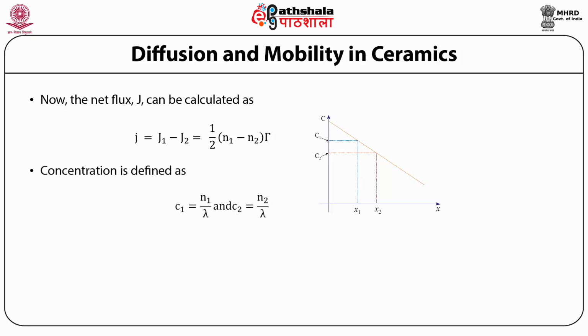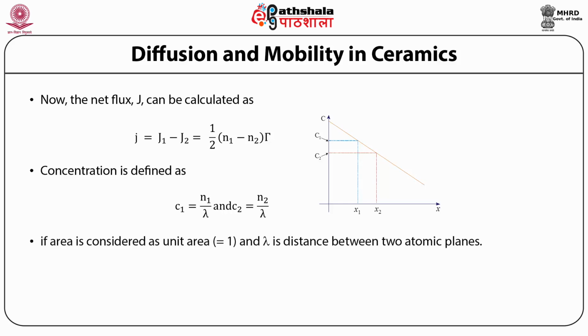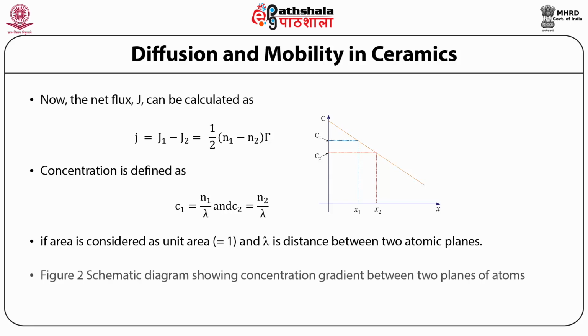So the concentration is defined as C1 is equal to N1 by A and C2 is equal to N2 by A. If the area is considered as unit area, that is 1, and lambda is the distance between the two atomic planes, one can see the schematic diagram showing the concentration gradient between the two planes of atoms on the right hand side of the slide.